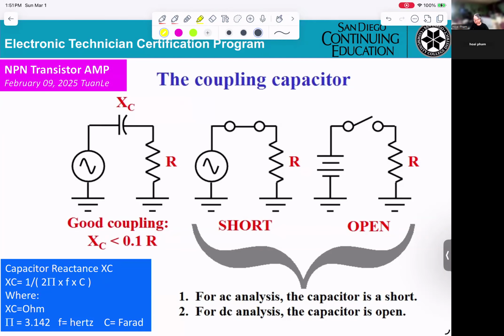Okay, today we will start with the transistor amplifier.